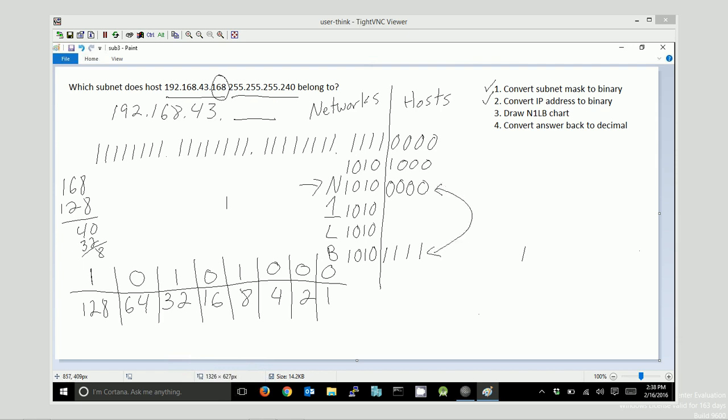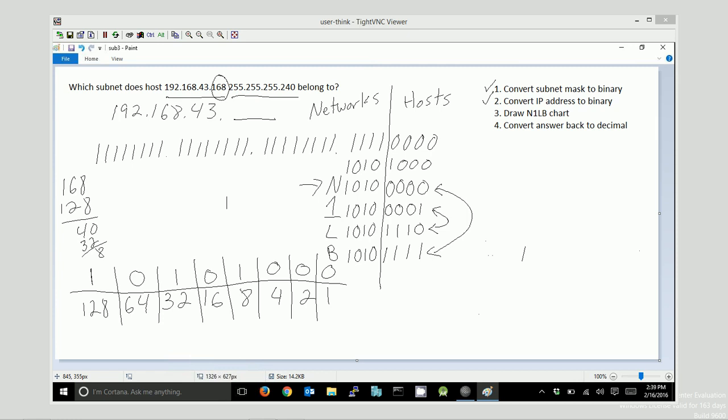Now, just to be complete, let's solve for the rest of it. The first usable host on my network, the next smallest number I can make with 4 bits, is 0001. And the very last number I can make, without running into this broadcast, is 1110. You'll notice these are always opposites in that host portion as well.